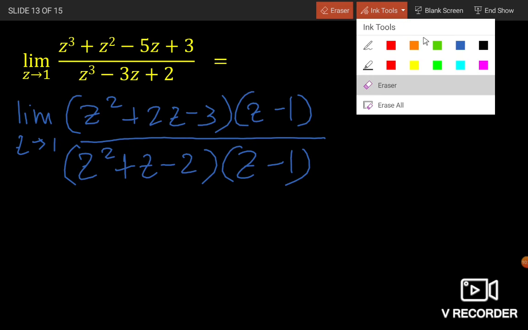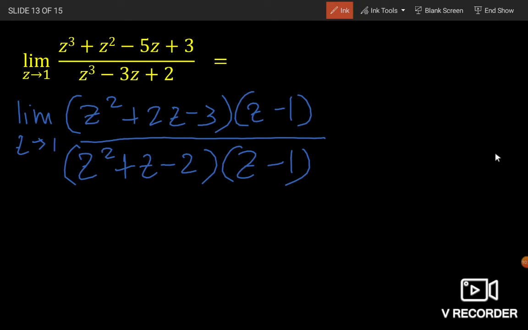Now, we can see here, we can cancel z minus 1 because it's in both the numerator and denominator. And we can further factor what remains of the numerator and what remains in the denominator. Let's factor the numerator. You have z here and z here.